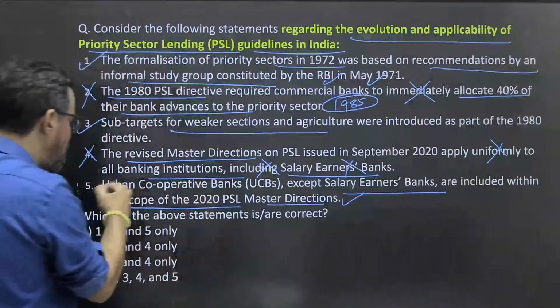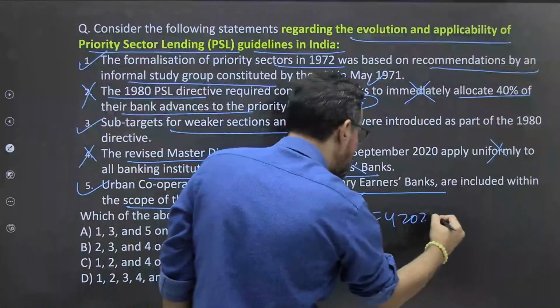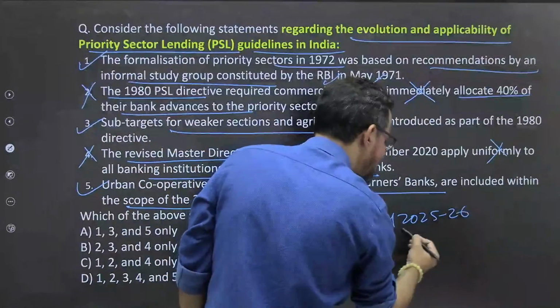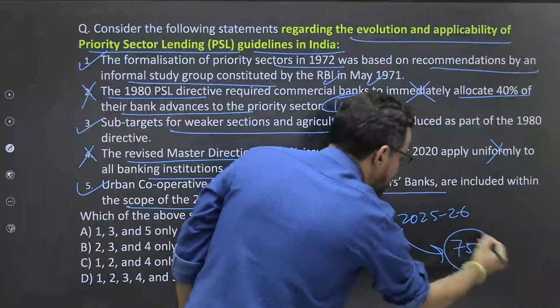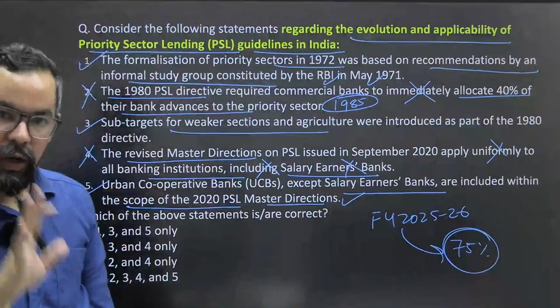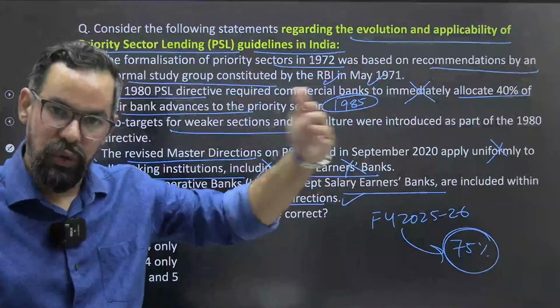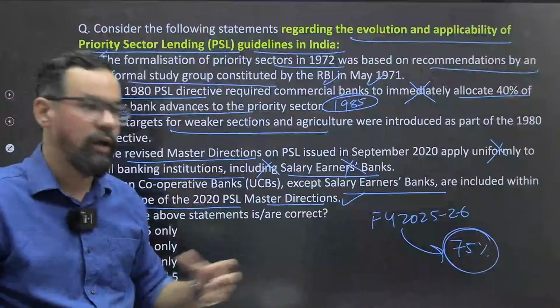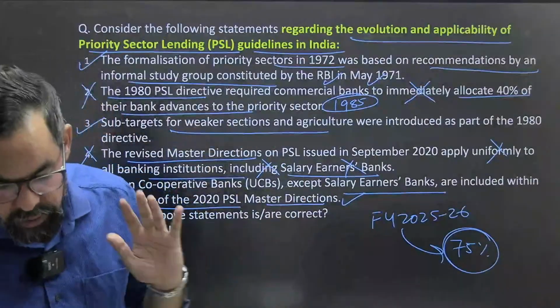Yes, and from financial year 2025-2026 onwards, ठीक है, we have increased their target in a phased manner. Now they come under the 75% range. ठीक है, earlier they were 40%, then we slightly increased their contribution to priority sector, and from this financial year onwards they'll be giving 75% of their overall credit to the priority sector.